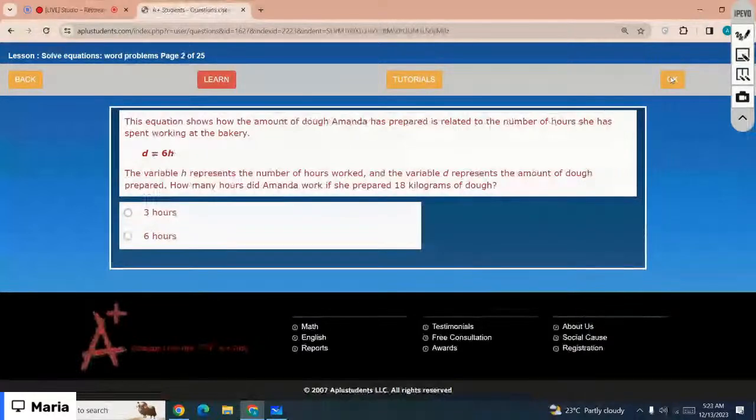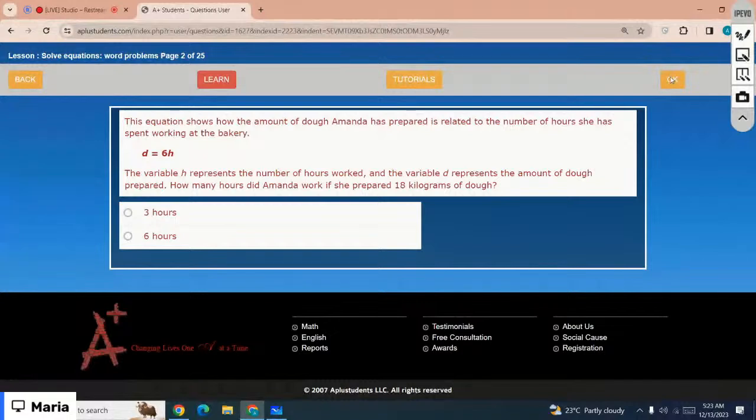D equals 6 times H. The variable H represents the number of hours worked and the variable D represents the amount of dough prepared.